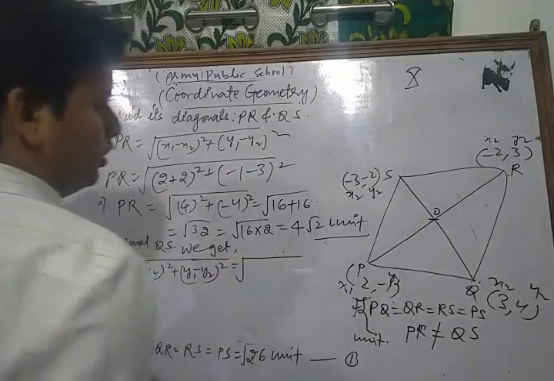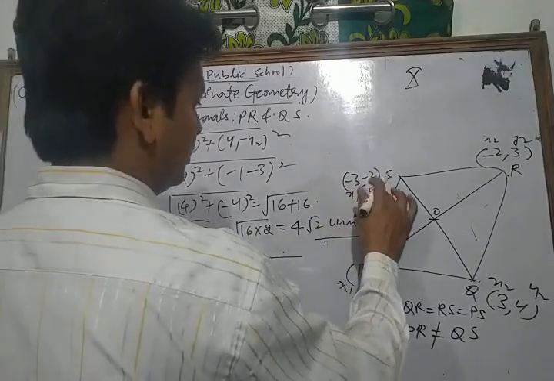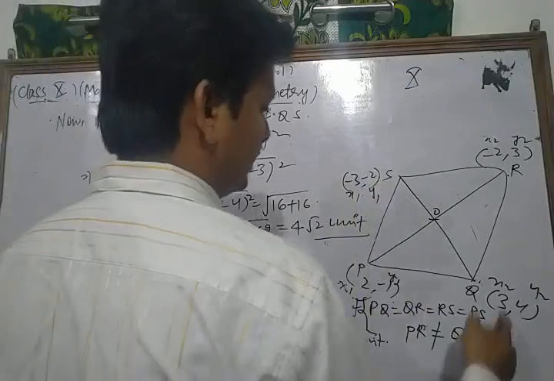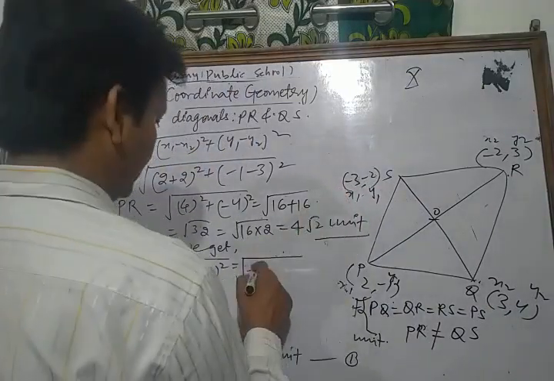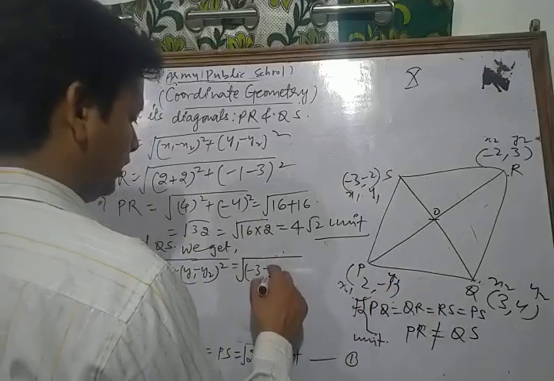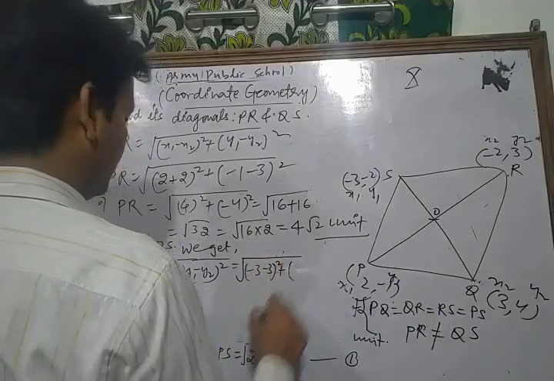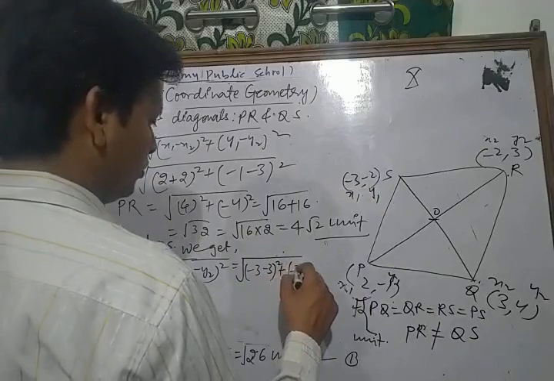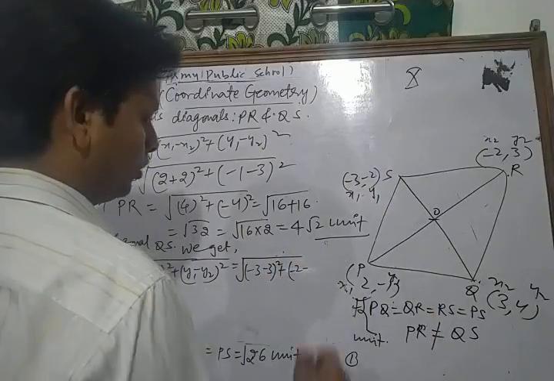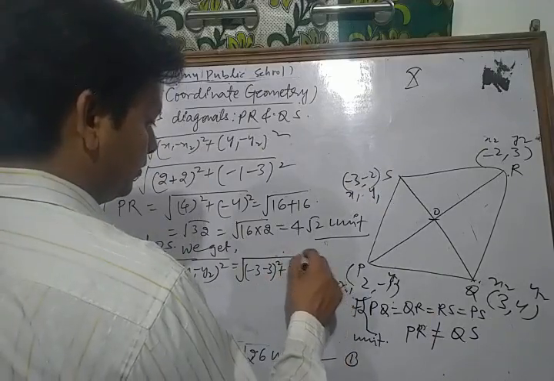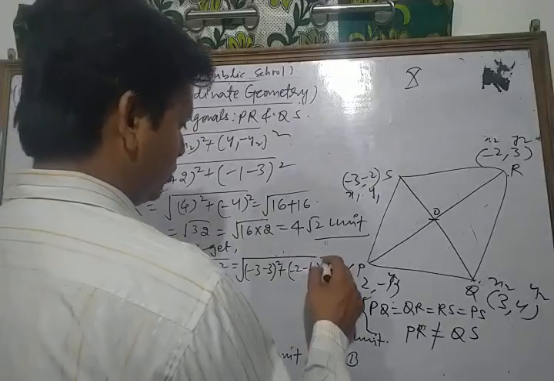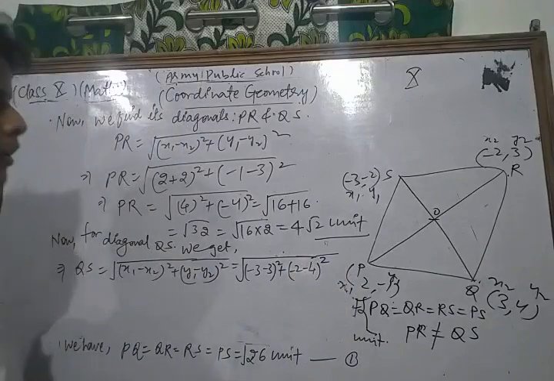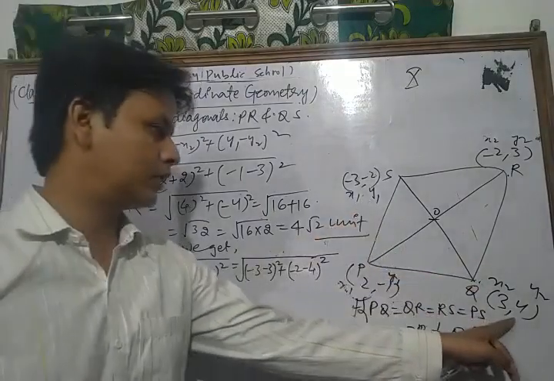Now we take this as x1 y1 and this as x2 y2. Now let's see, x1 minus x2 whole square, x1 minus x2 is minus 3, plus y1 minus y2, y1 is minus 2 minus y2 is 4, whole square.